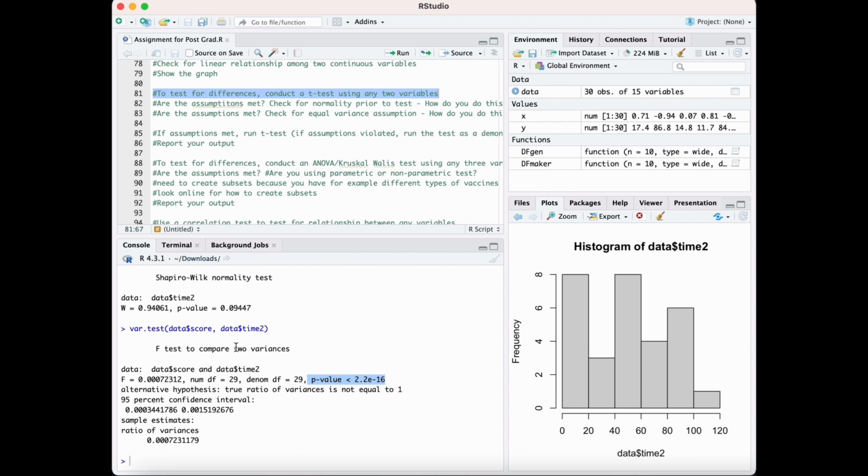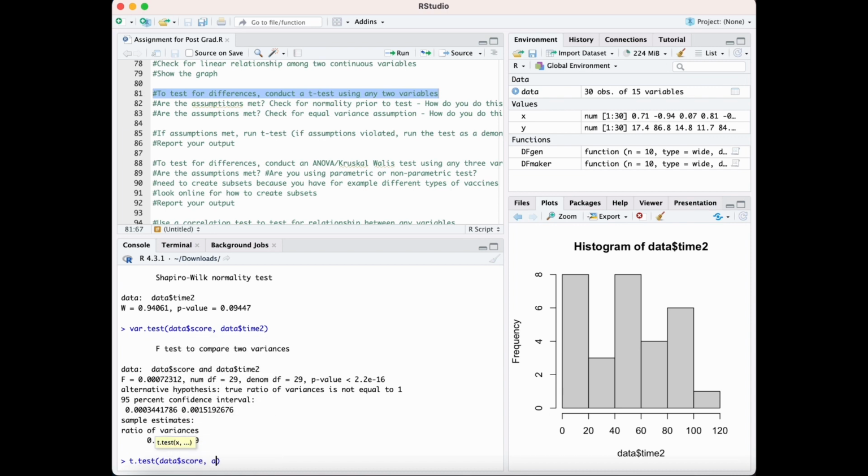Okay, so in this case, normal distribution is met, but the equal variance assumption is not met. Therefore, we need to run a Welch t-test that does not assume equal variance between these two data sets.